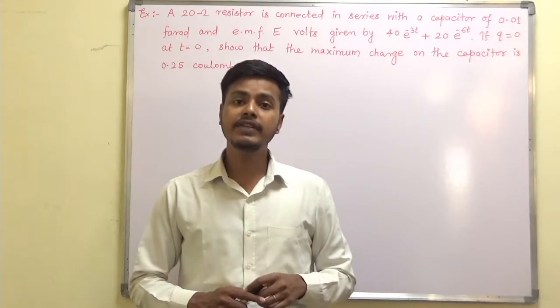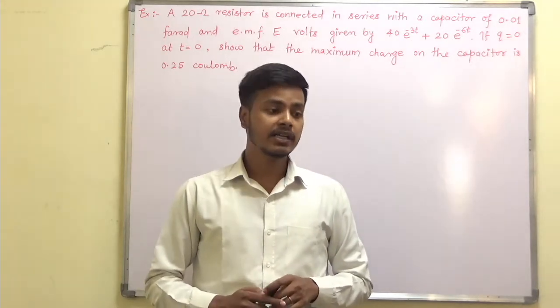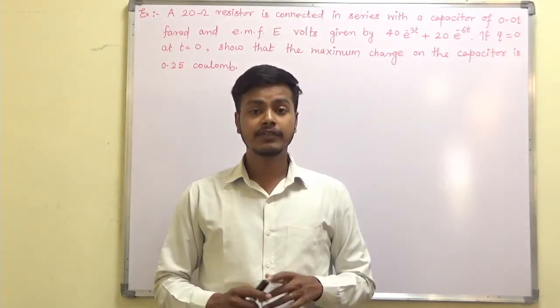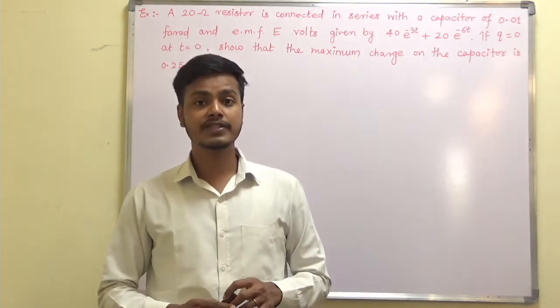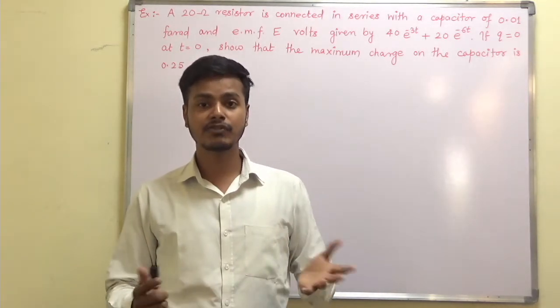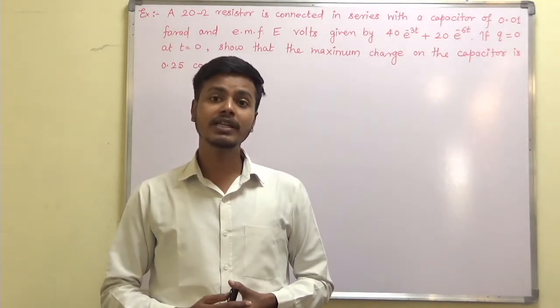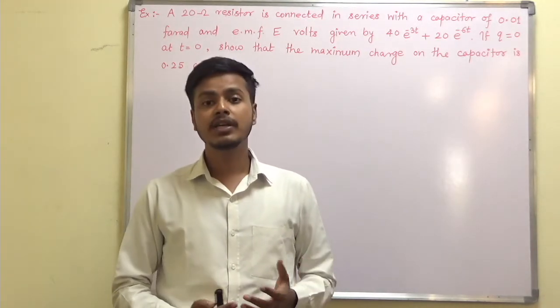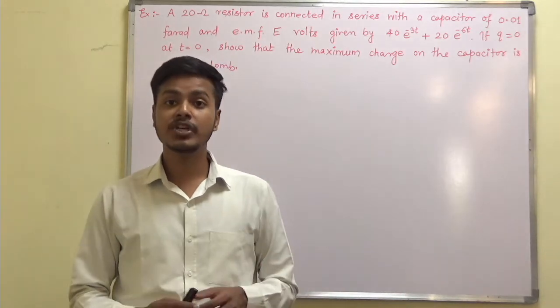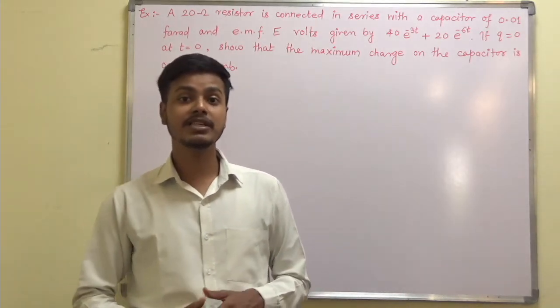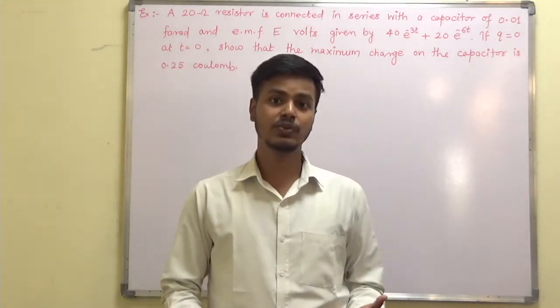In the last learning video, you have seen that we are given an equation of a circuit, and then we have to find out the current. But this is not the case all the time. Sometimes the circuit equation is given to you, and sometimes it may not be given.